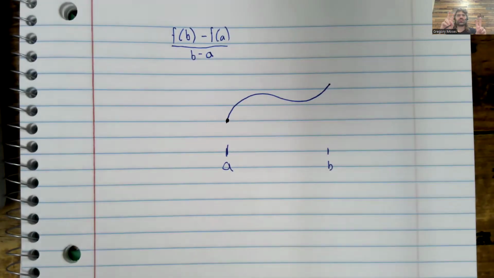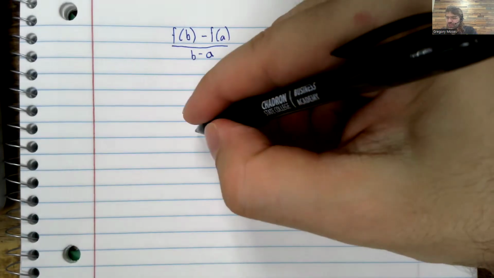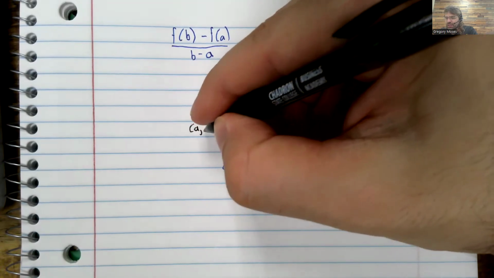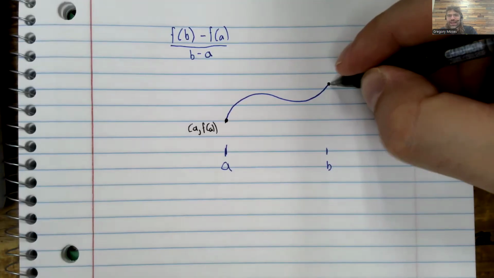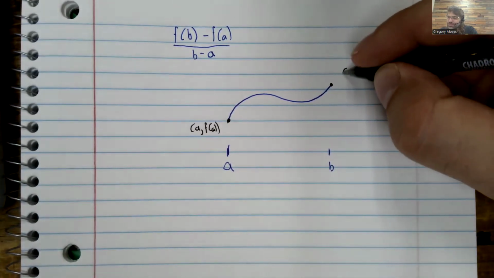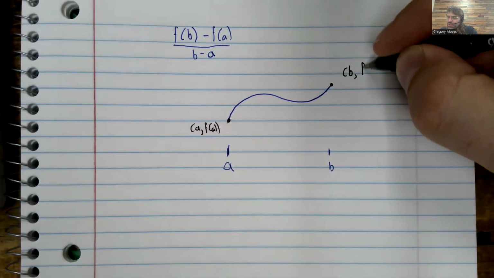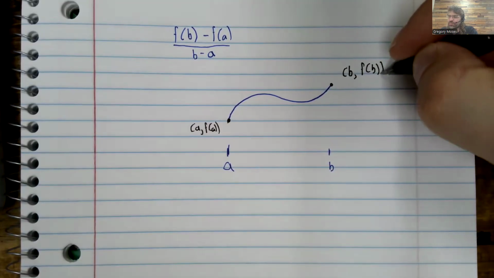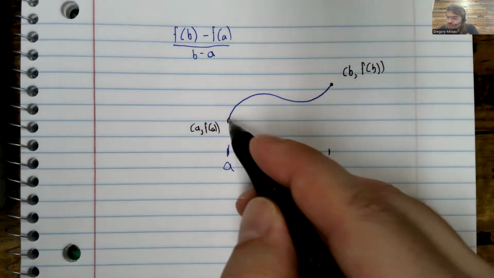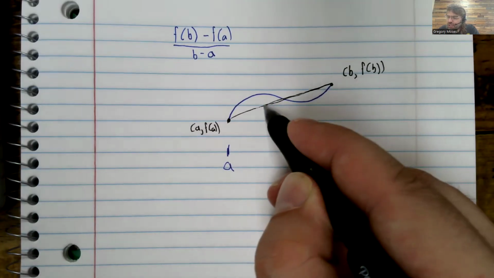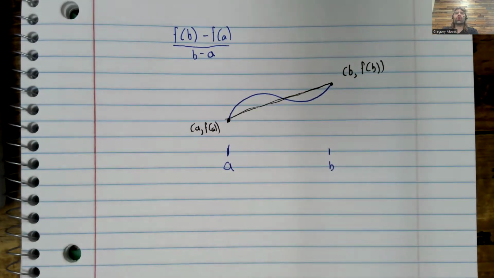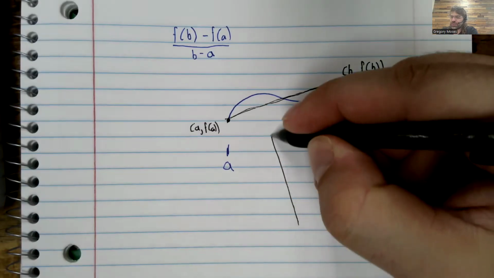If we start at the point a comma f of a and end at the point b comma f of b, the average rate of change is the slope of the line connecting those points.